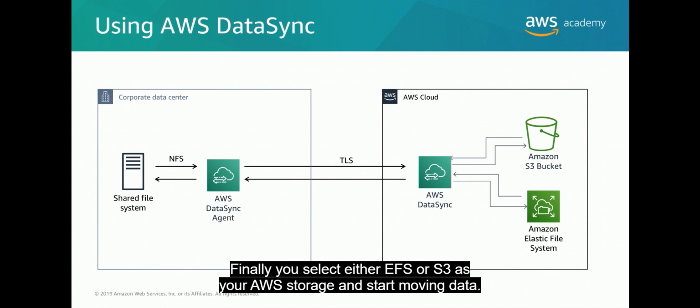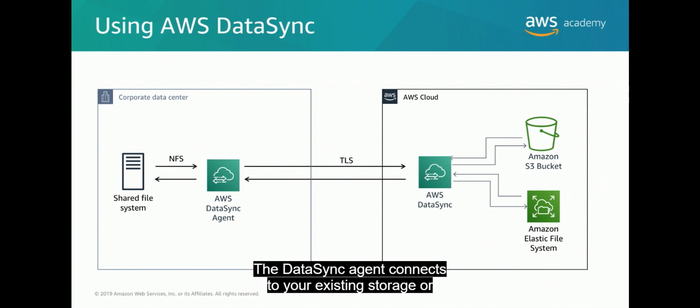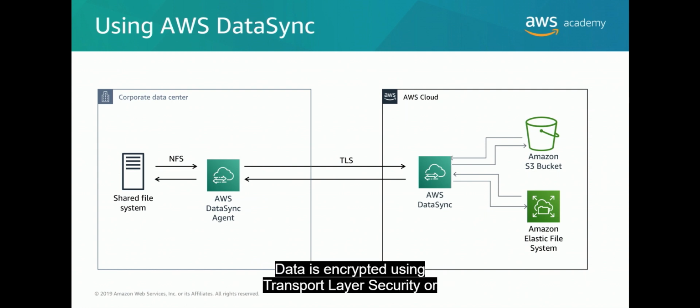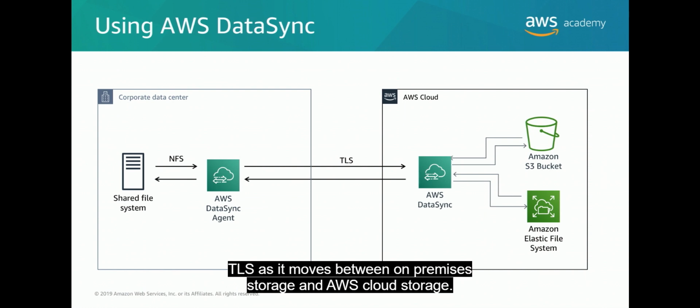Finally, you select either EFS or S3 as your AWS storage and start moving data. The Data Sync agent connects to your existing storage or file systems using the NFS protocol. Data is encrypted using Transport Layer Security or TLS as it moves between on-premises storage and AWS cloud storage. Data Sync can copy data to AWS over either Direct Connect or Internet links.